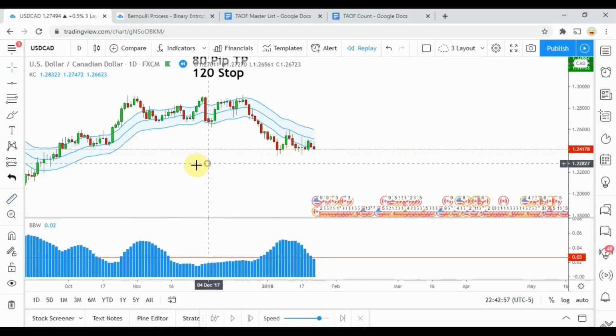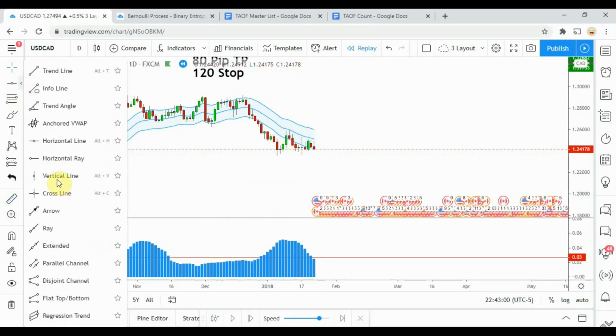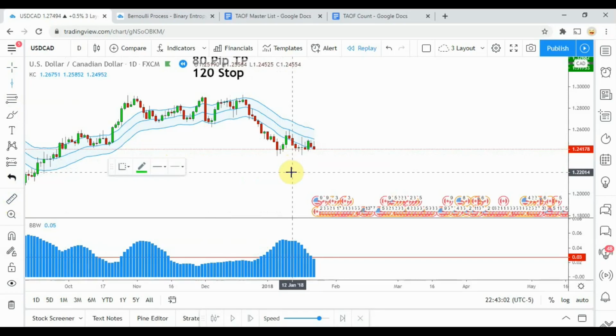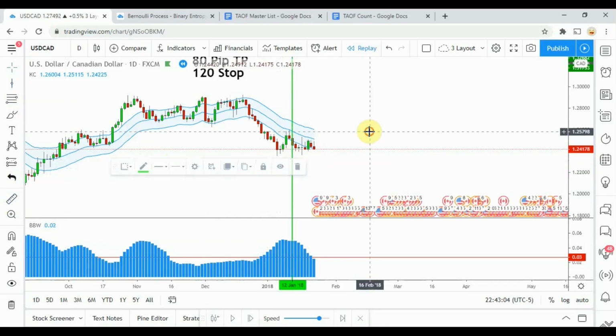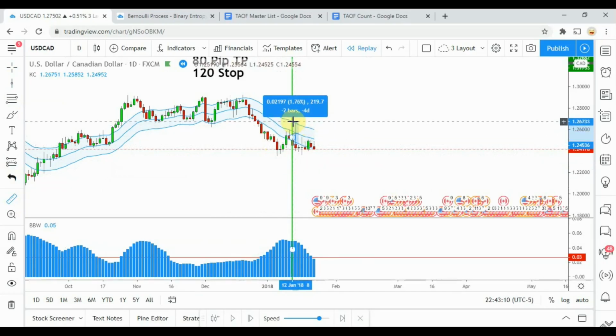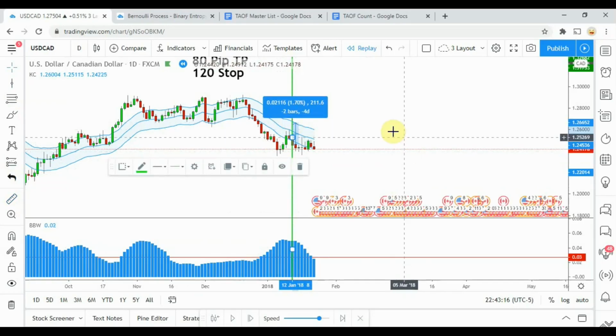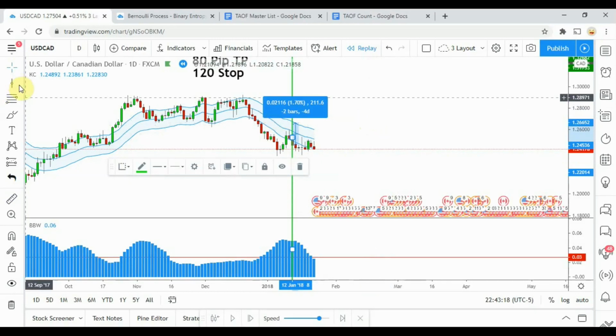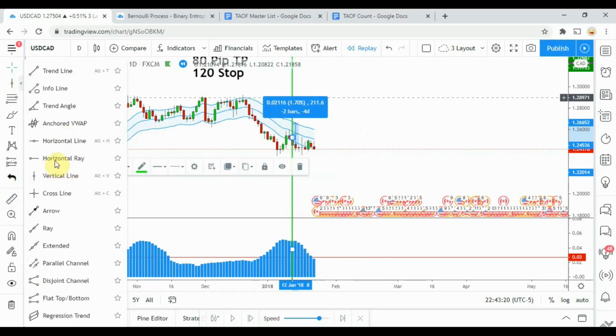Let's say that you had an entry right here, as we said, and you could set your stop at the top of the Keltner channel right here. And so that would give you quite a bit of breathing room.